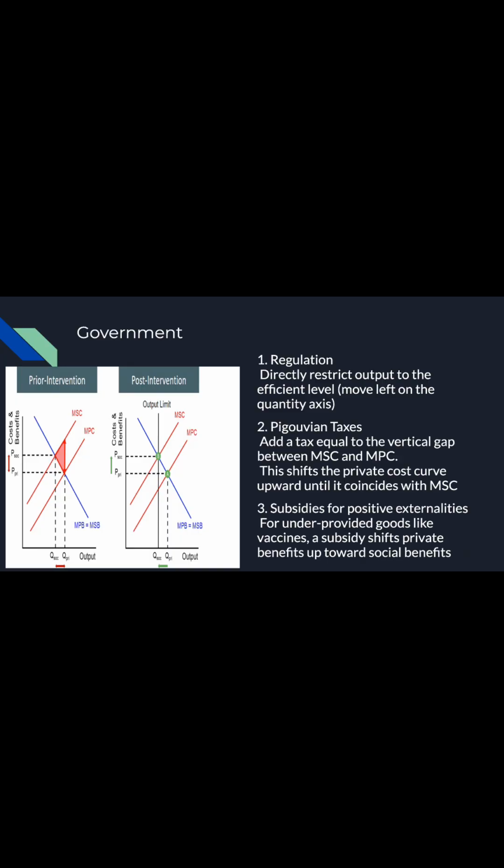The last tool is subsidies for positive externalities. For underprovided goods like vaccines, a subsidy shifts private benefits up towards social benefits. Each tool tries to make private decision makers see the true social cost.